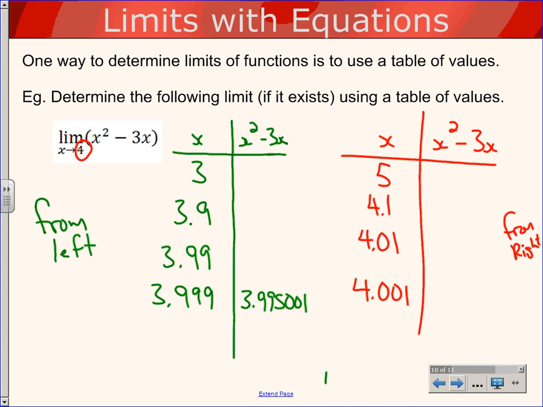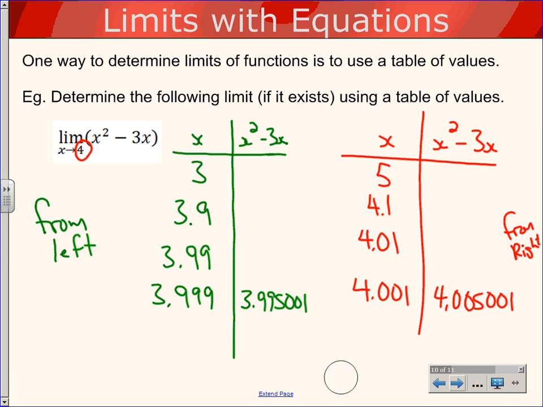So that looks like it's getting pretty close to 4. If I put in this one, here I got 4. And of course, if you filled in the rest of the table, what you'd notice is that those values kept getting closer and closer and closer to 4.